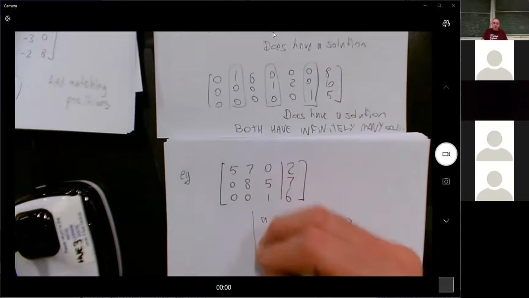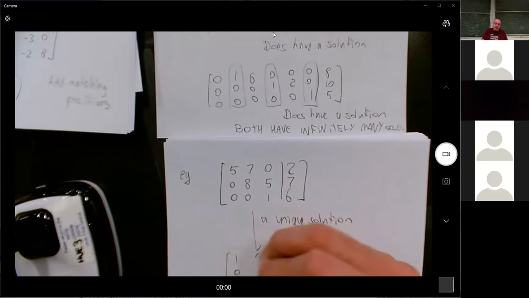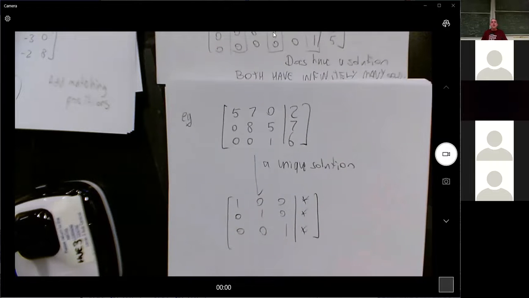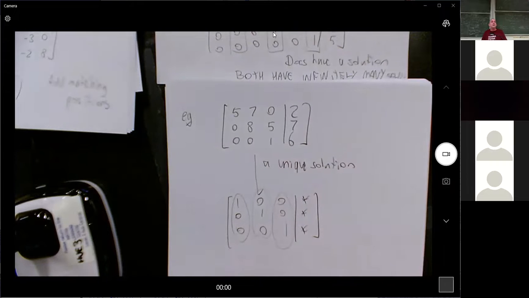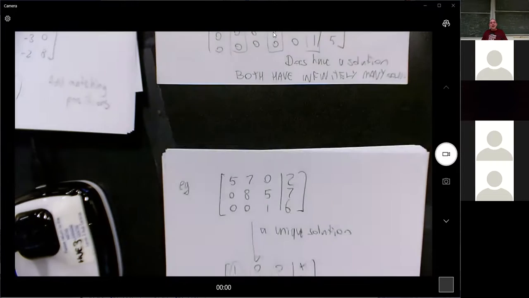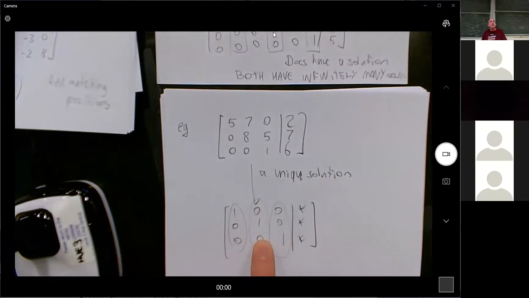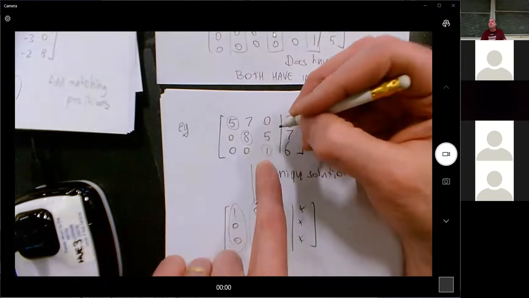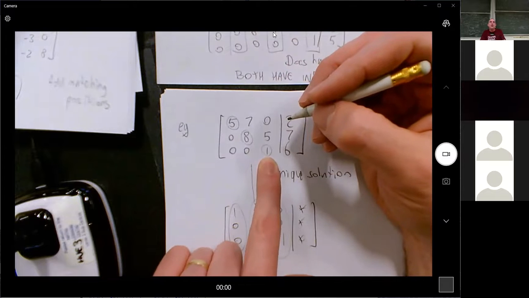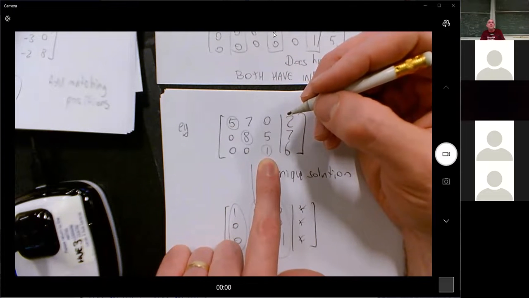So if I did the reduced row echelon form, it would come out to this. I don't know what's going to be in this spot when I get there. So because every column has a pivot, there's a unique solution. But I can tell that it's going to get to this spot because this is already in the staircase form. This is called echelon form, row echelon form, as opposed to reduced row echelon form.